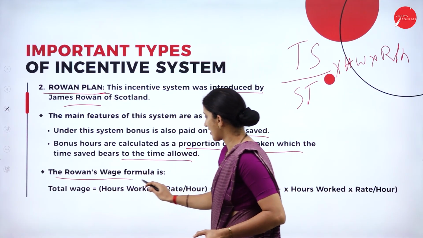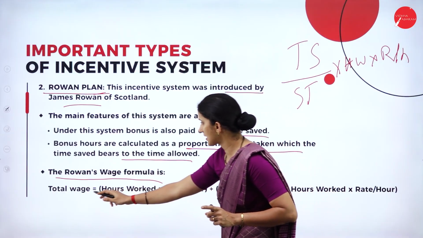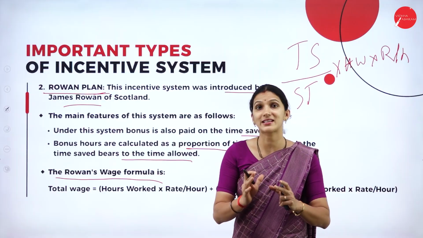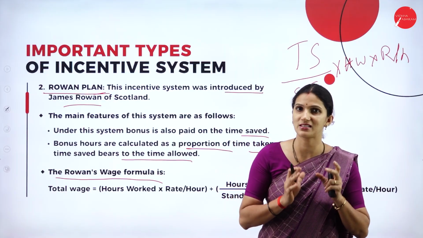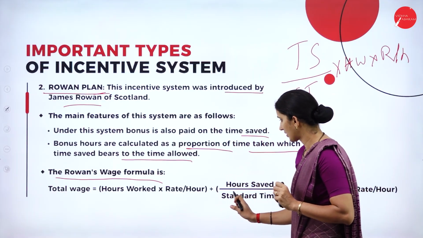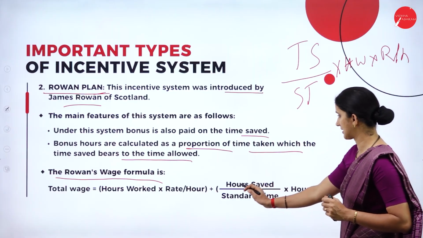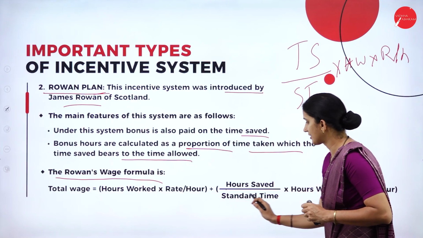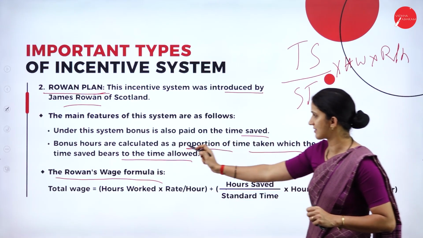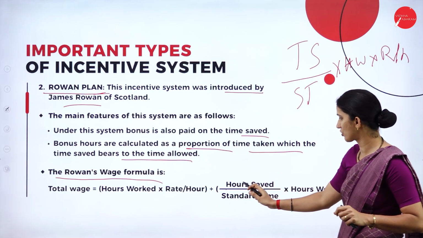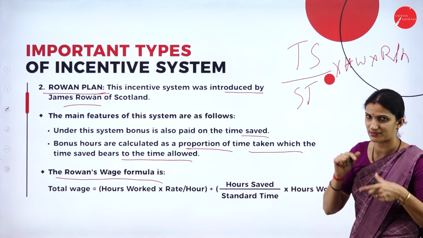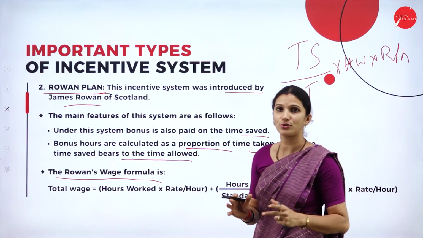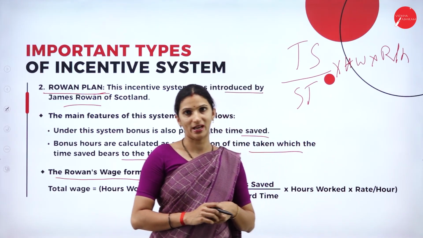Rowan's wage formula: total wage is equal to hours worked into rate per hour, that is the guaranteed wage that each worker will get, plus the bonus. How do we calculate the bonus? Hours saved divided by standard time, into hours worked into rate per hour. If you do that, you will get the bonus of that worker.